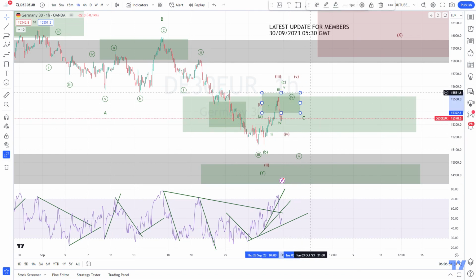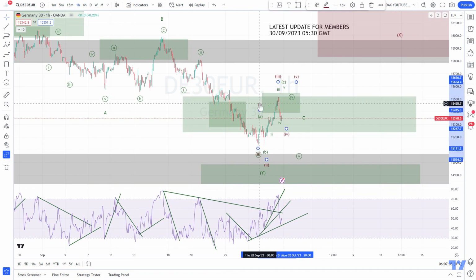However, if we take out this level here, then the chance is that something like this is playing out in red, the secondary scenario: a wave 1 up, a wave 2, 3, 4, 5, and then actually this might be an A wave, B, C of the alternative scenario.